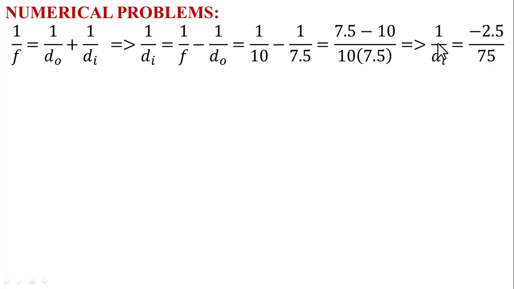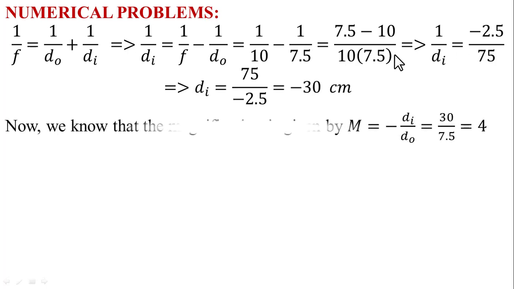This implies that 1 upon di is equal to minus 2.5 divided by 75. Taking the reciprocal on both sides, di is equal to 75 divided by minus 2.5. So di is equal to minus 30 centimeters.